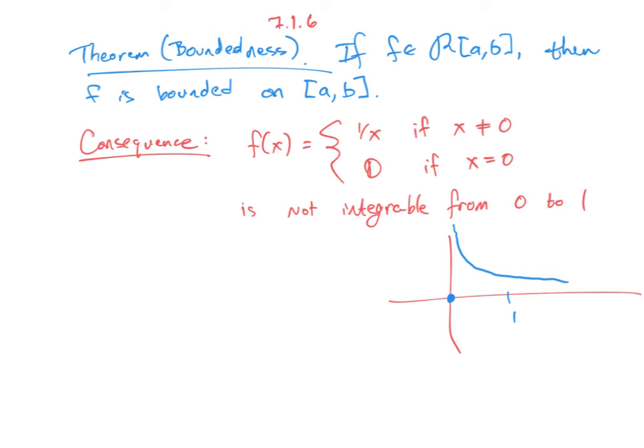Now let me editorialize a little bit. This is another deficiency of the Riemann integral. There are plenty of places where you would believe that these so-called improper integrals, which you learn to take in Calc 2, really should exist, but the Riemann integral can't do them.